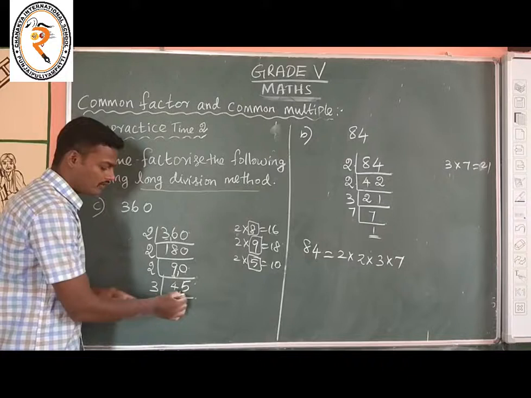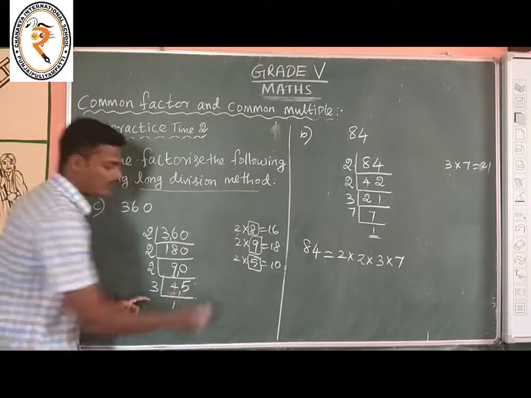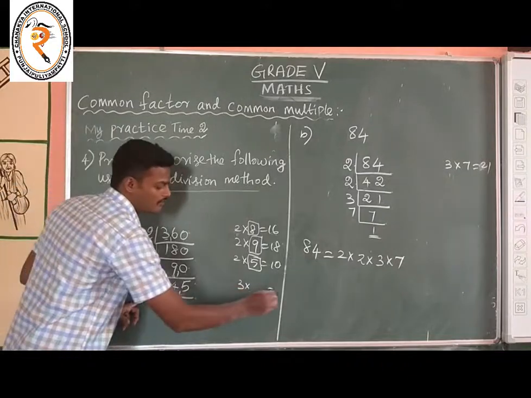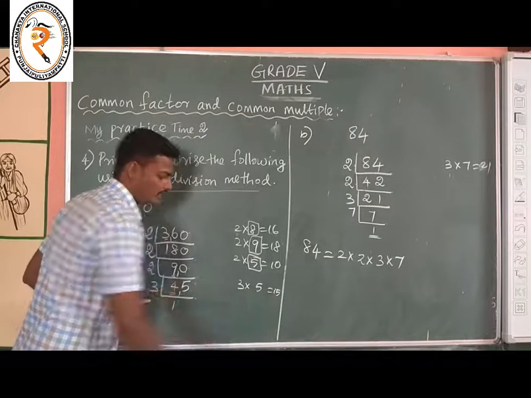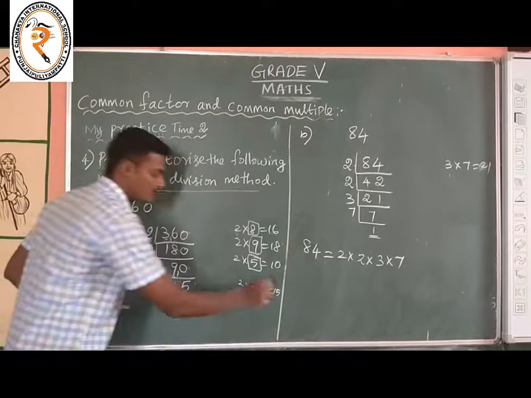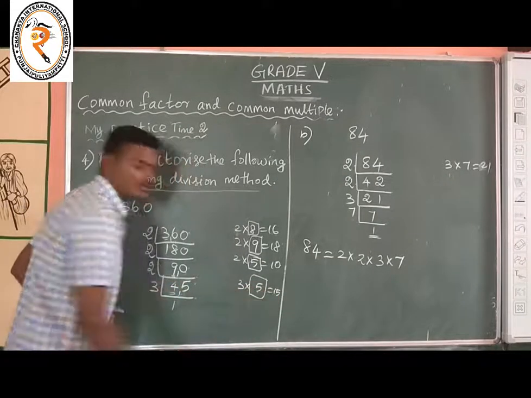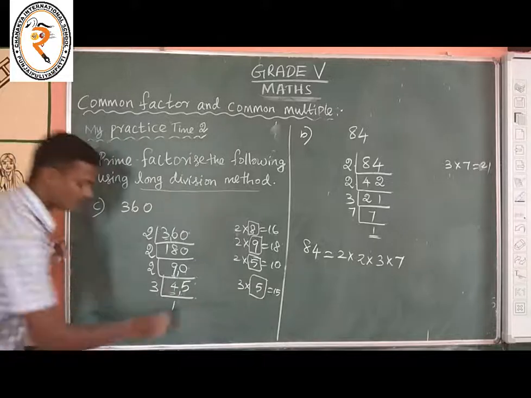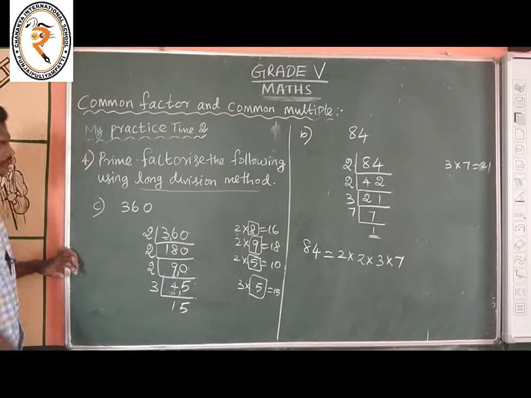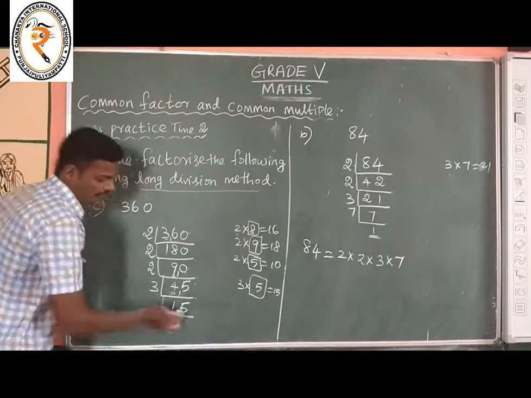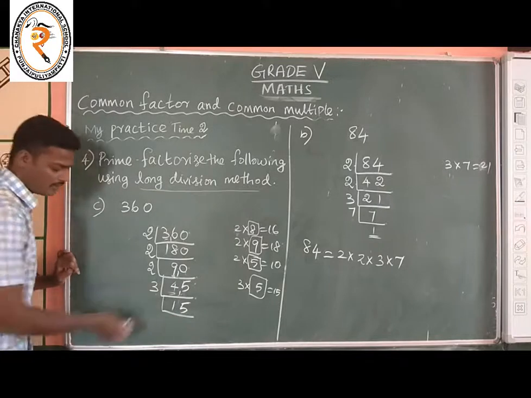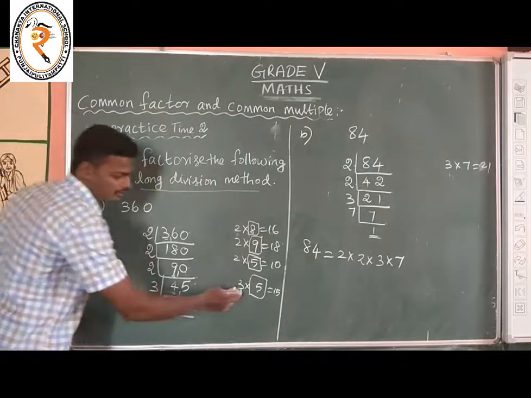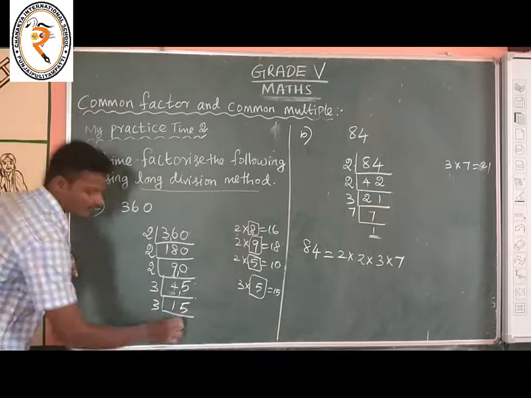We read 15. 15 comes in the third table: 3 fives are 15. So 15 comes 5 times. 15 is an odd number, not in the second table, so the third table again: 3 fives are 15, so 15 comes 5 times.